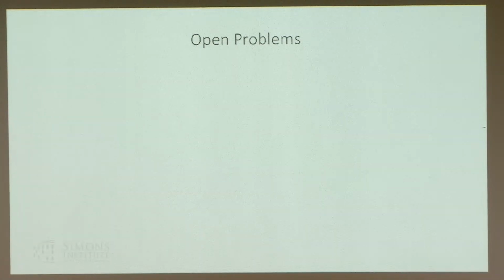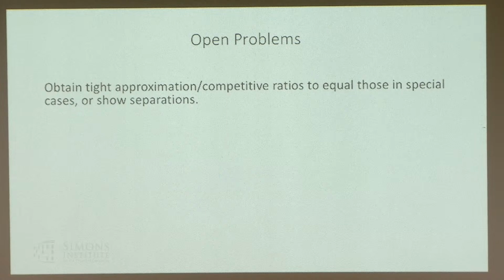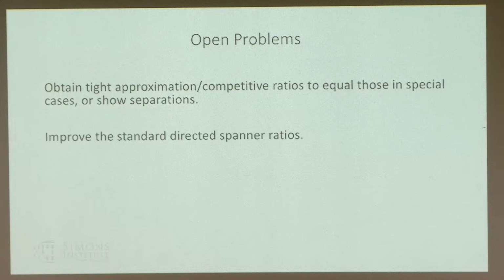So I'm pretty out of time. In terms of open problems, tightening the approximation or the competitive ratios in some of the examples that we looked at is an open problem, or showing separations. That's probably even harder.